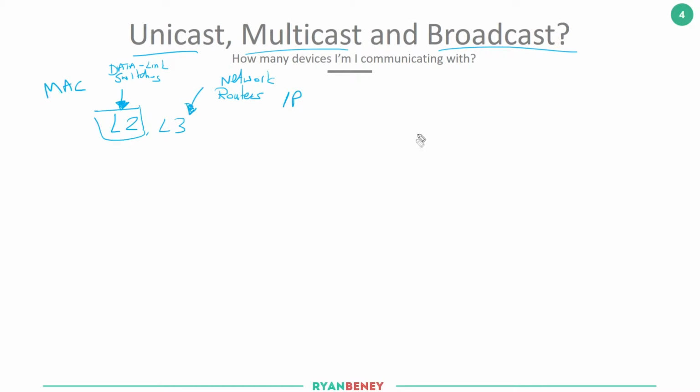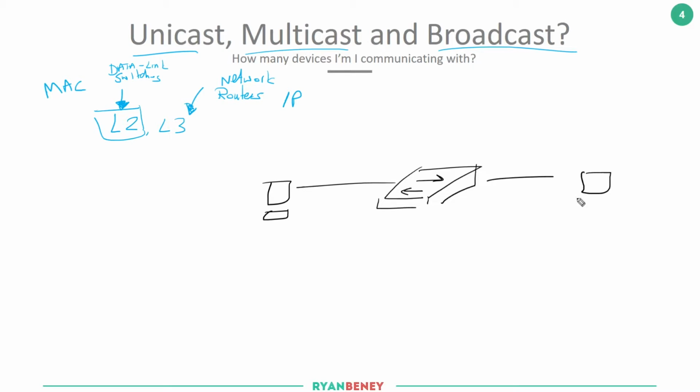Now, Unicast can be thought of as something very simple. Essentially, Unicast is a one-to-one communication. So if we just draw a switch, remember this is the icon for a switch, and off the back of this switch we have, let's say, a PC and another PC, and another one.